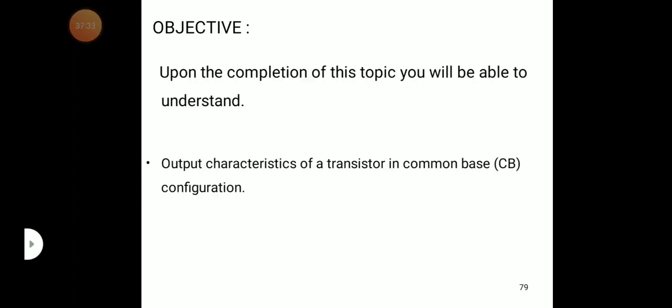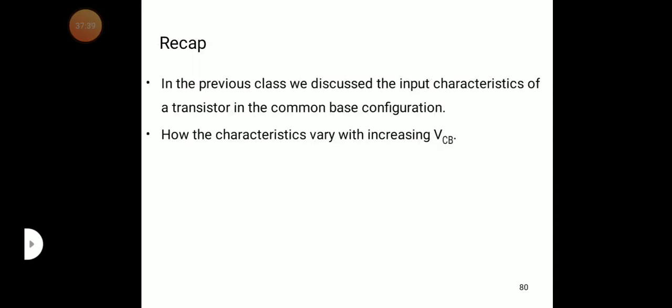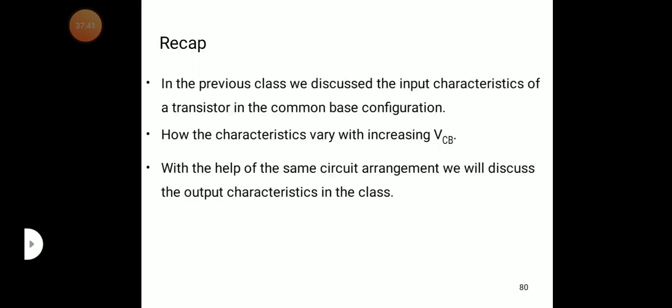Now we try to discuss the output characteristics of the common base transistor. Once again, previously we discussed the input characteristics of a transistor in the common base configuration, and how the characteristics vary with increasing VCB. With the help of the same circuit arrangement, we will discuss the output characteristics in this class.